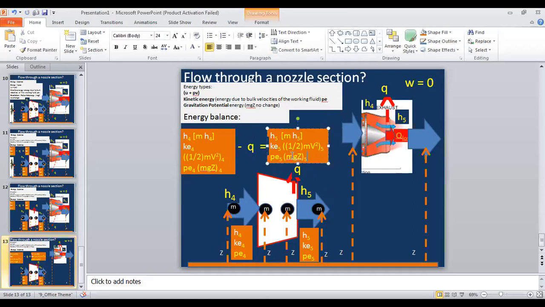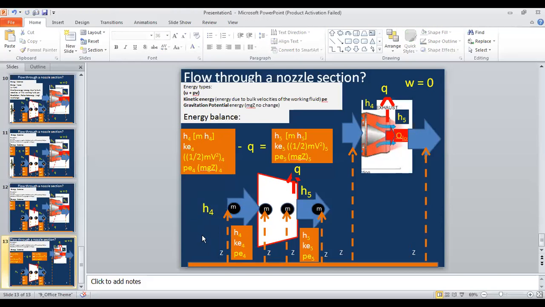This is how the energy balance. So interesting. Good. It's really good.